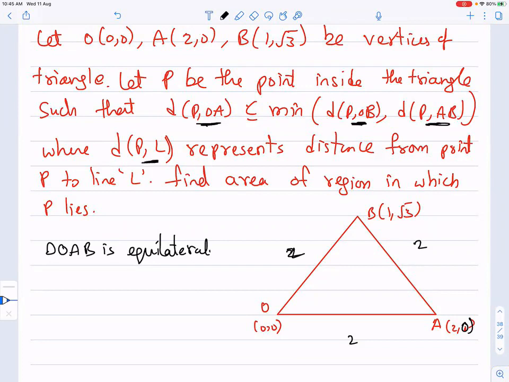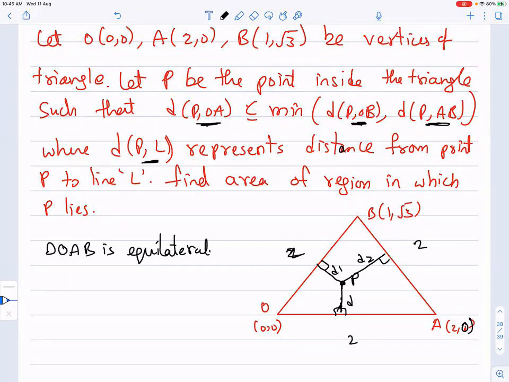It represents the distance from point P to line L. So we took a point P whose distance from OA, that is D, is less than the minimum of the distance from OB, D1, and the distance from AB, D2. You understand? P is such that its distance from OA is less than the other two distances, in fact less than the minimum of the other two distances.